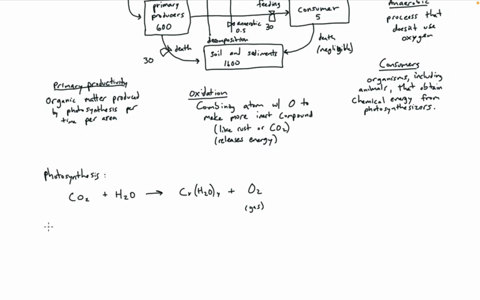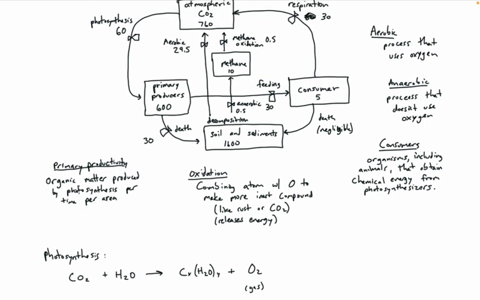And then the flip side of that, the respiration. So this is what consumers are doing. They're made out of this carbon that they've gotten from the primary producers, but most of the carbon that they interact with is breathed in and out.